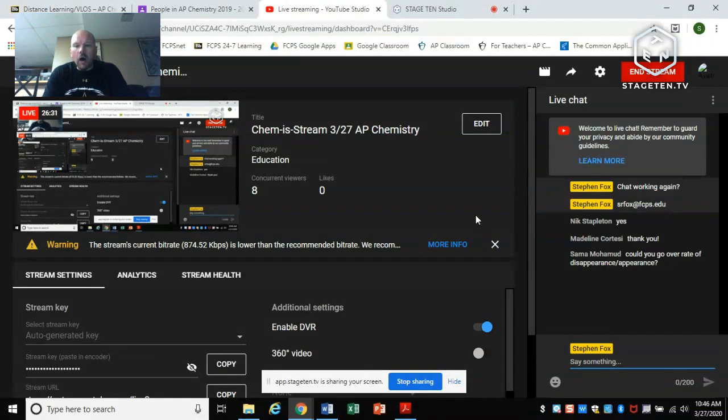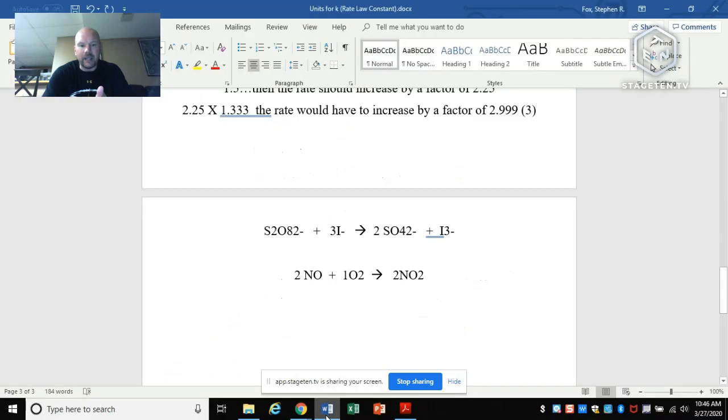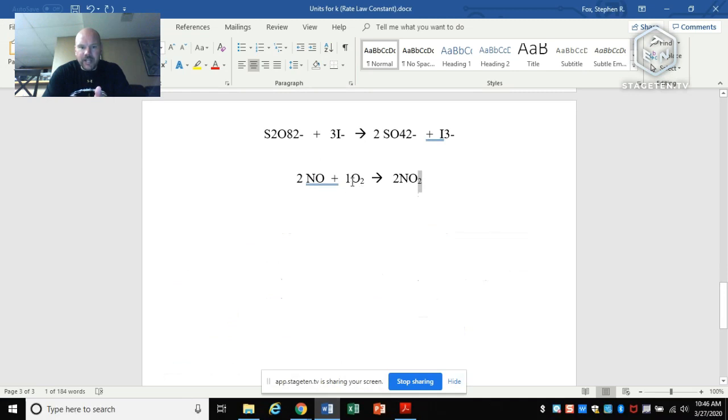Okay. Rate of disappearance and rate of appearance. Rate of appearance is just how fast you are losing or gaining your product and reactant, right? Let's look at this reaction here. As the reaction proceeds from left to right, I'm losing this and I'm gaining that.